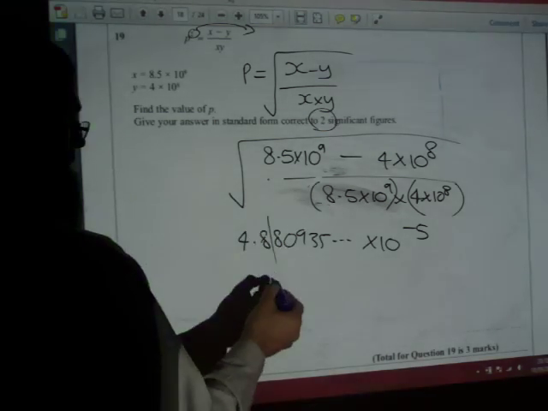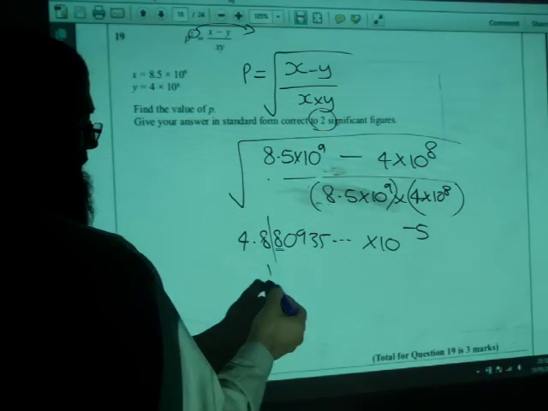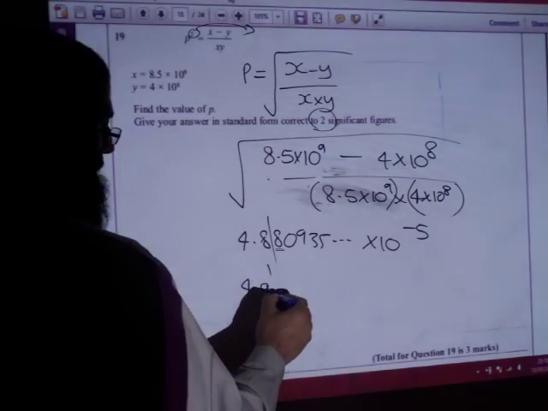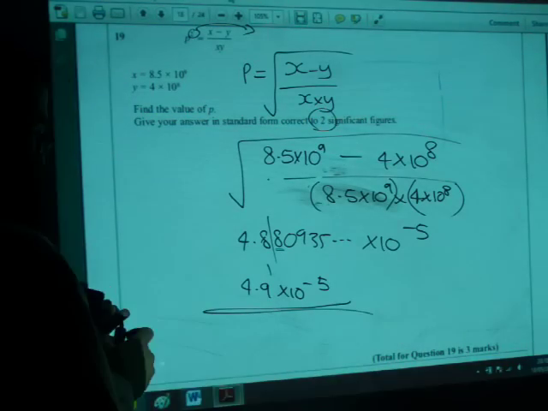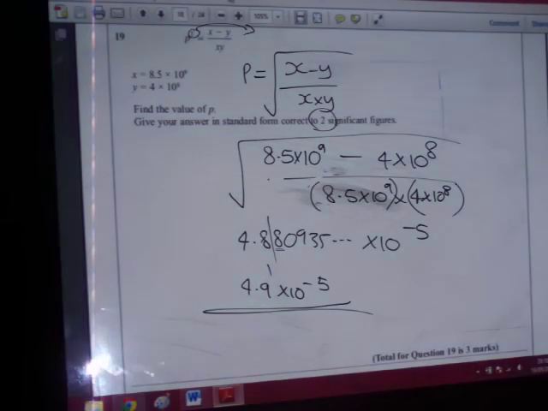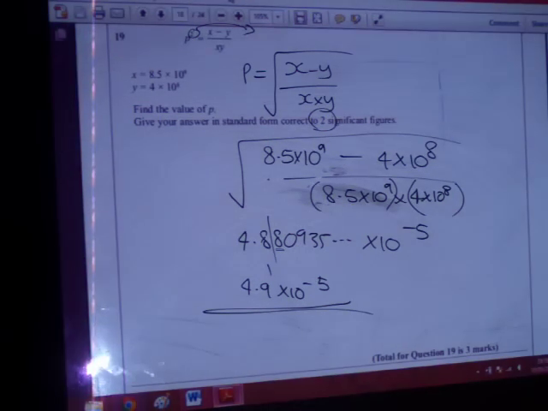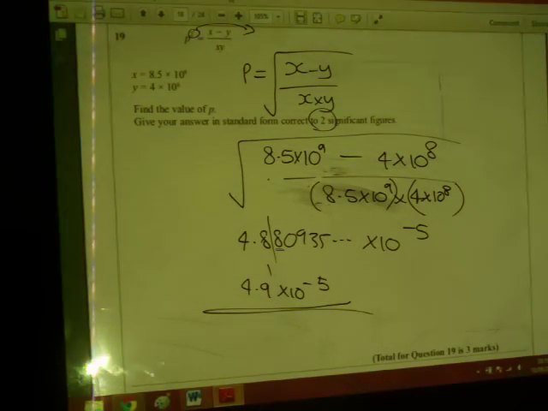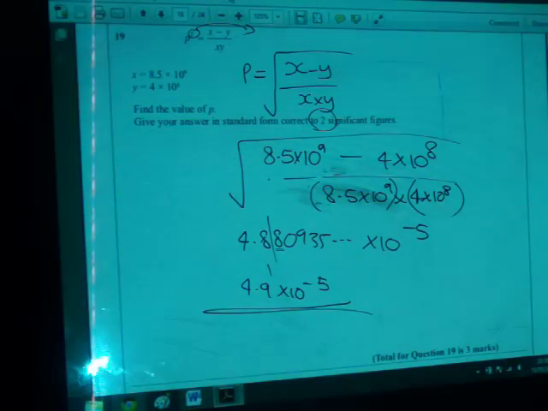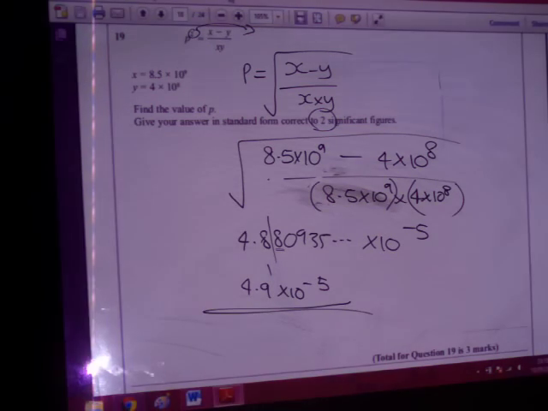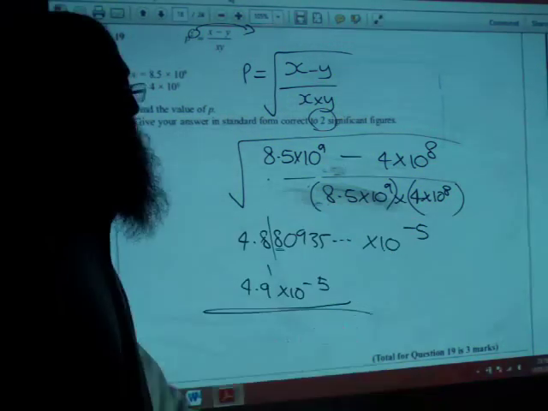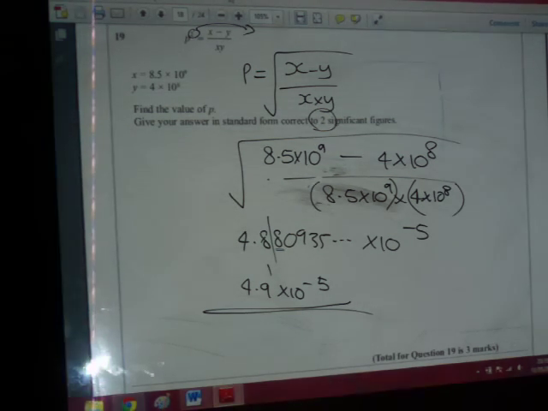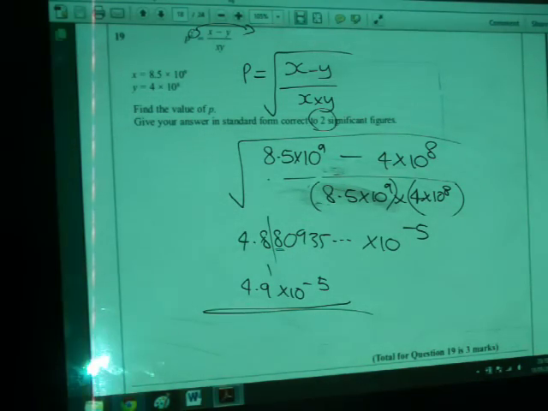The third figure is 8, so that rounds up, and the answer should be 4.9 times 10 to the power of minus 5. Are you happy with that? Have you got a better answer now that you've put brackets in? The calculator gets confused with the times 10 and the index. Done? You got the answer?